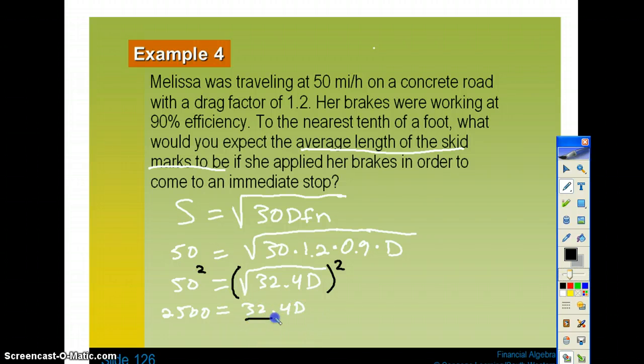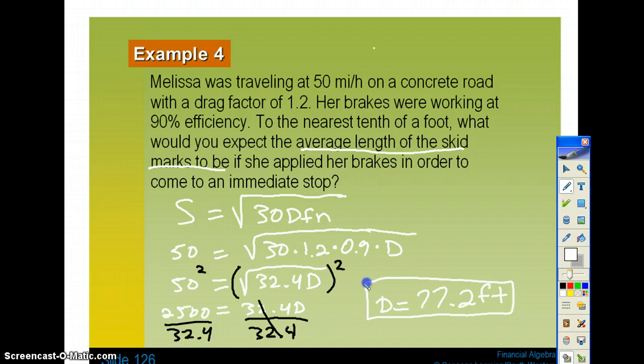And then if we divide both sides now by that 32.4 so that we can isolate the variable, if you punch that into your calculator, those will cancel. You end up with D equals 77.2 feet, since the question asks for us to round it to the nearest tenth. So based on that we get 77.2.